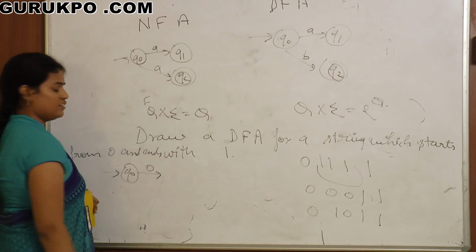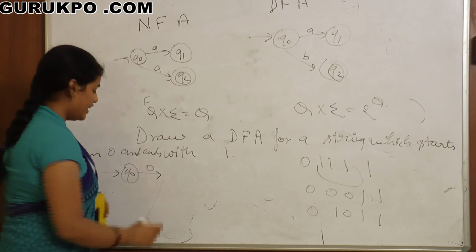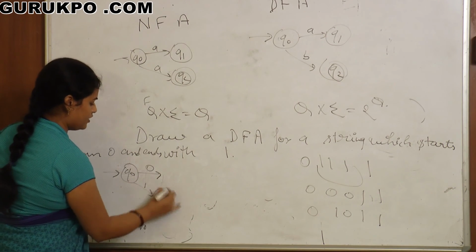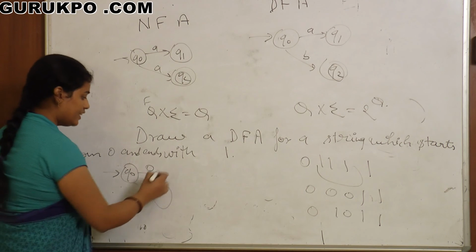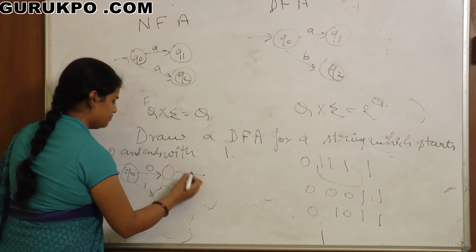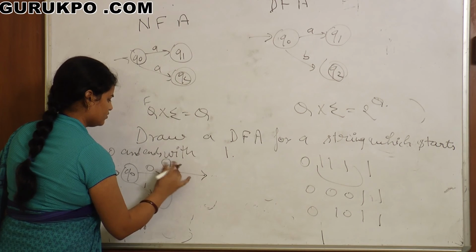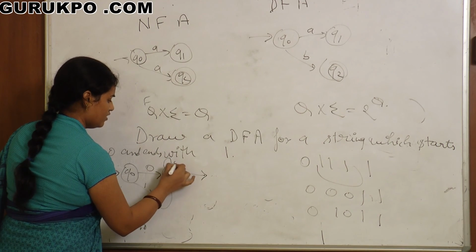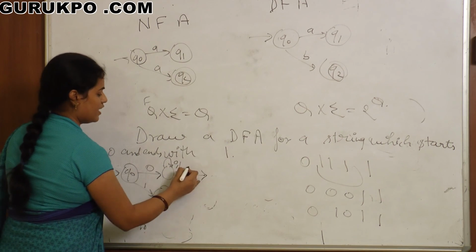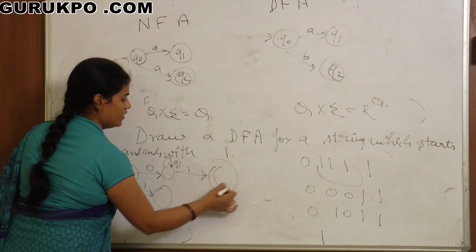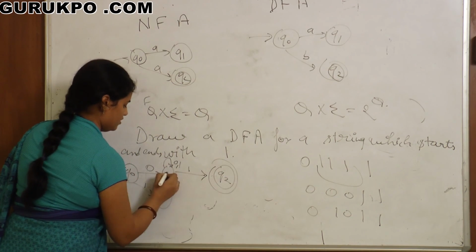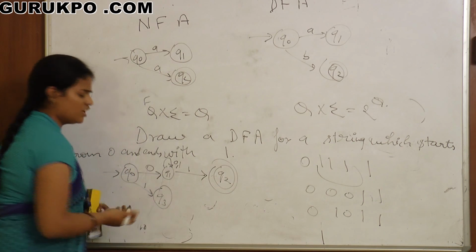The initial state will move ahead only on reading 0 at the start. If it reads 1, then it will reach a garbage state. Then in between everything can come in this way. At last it will reach one final state. Q3 is a garbage state.